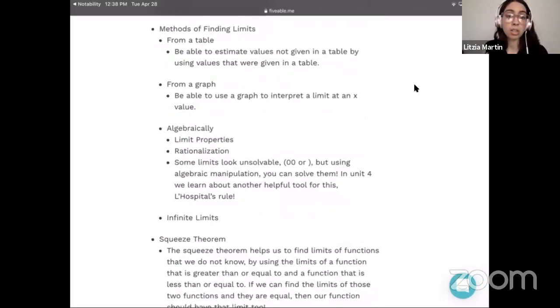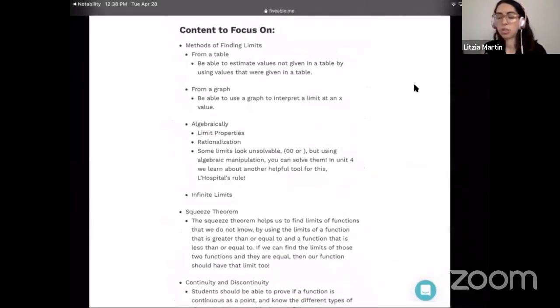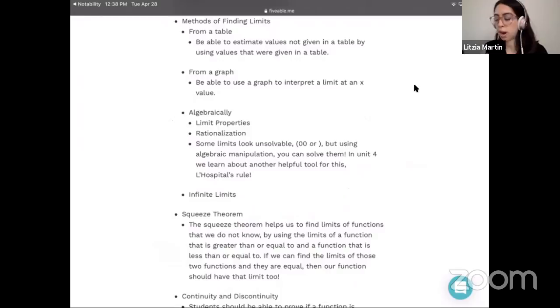Remember, we spent a lot of time going over all the different methods, not only from table, graph, and algebraically, but when we were looking algebraically, we looked at the limit properties and the rationalization and common denominator and all those things that we did.